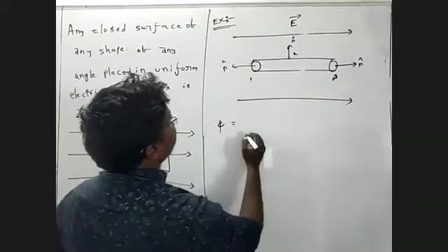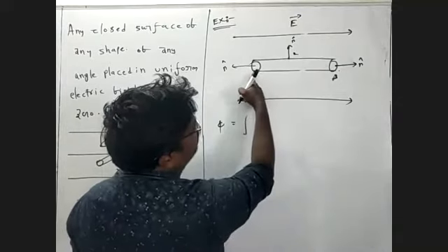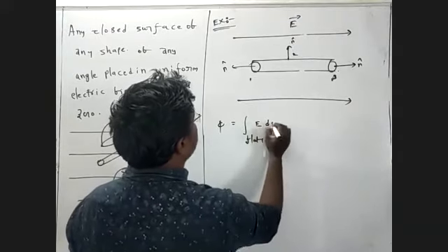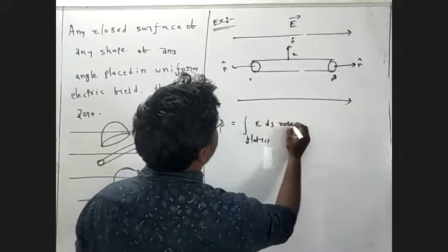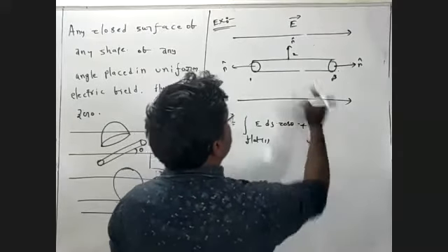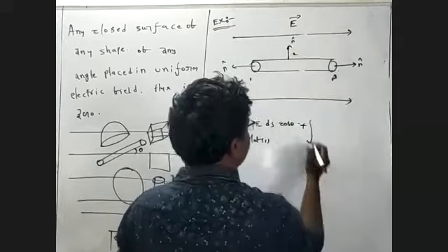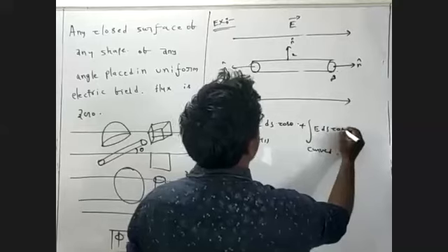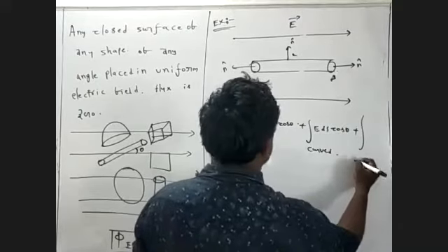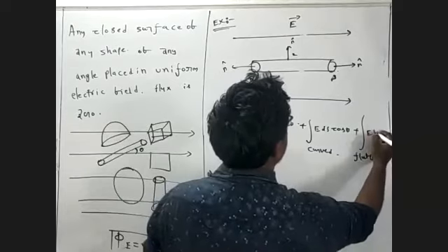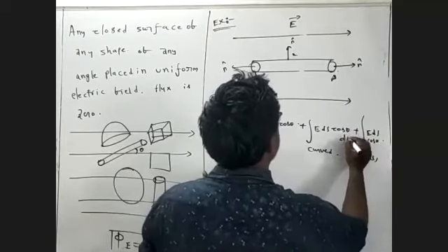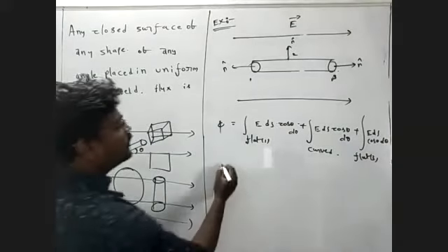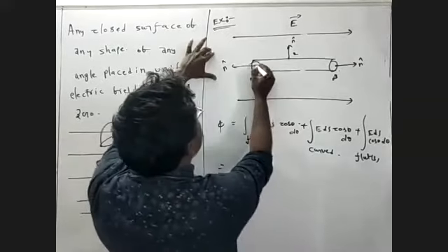The flux is equal to the integration: for the flat surface 1, E ds cos theta, plus the curved surface, E ds cos theta, plus the one more flat surface, flat number 3, E ds cos theta. We are writing this.